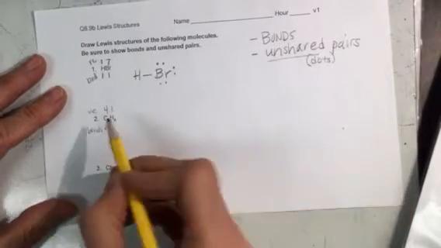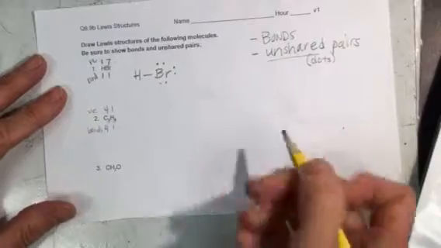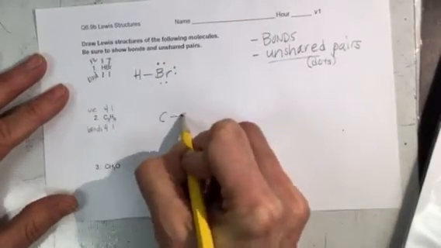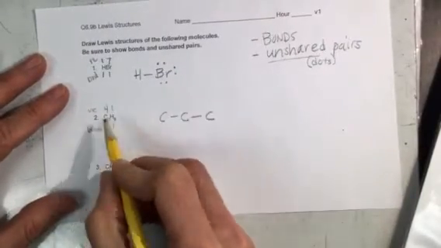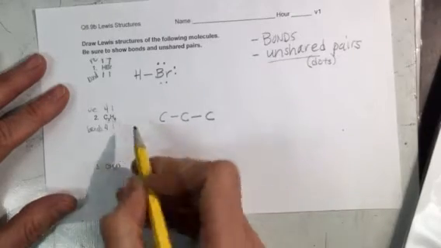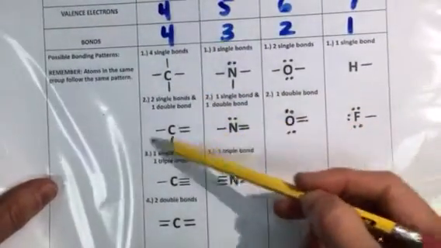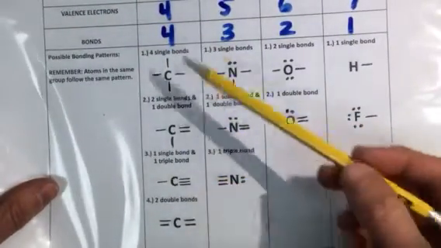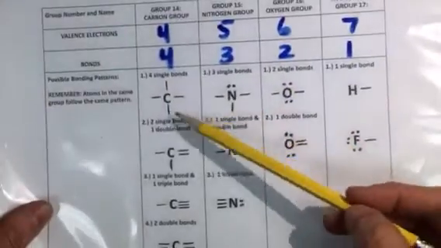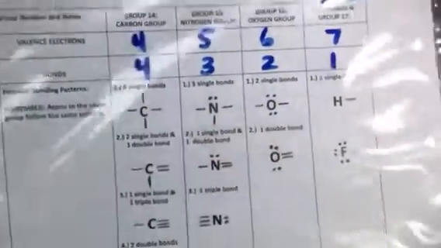This number means 3 carbons and 8 hydrogens. So carbon, carbon, carbon. They all have to be in the middle because they need a lot of bonds. Then I'm going to start putting the H's around the outside.